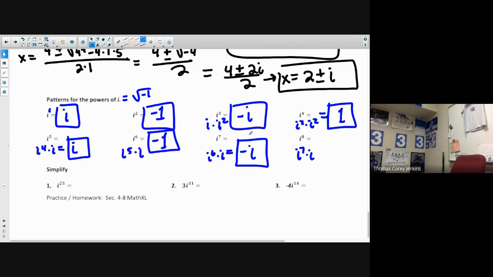So negative i times i would be, sorry, that'd be equal to negative i squared, which would be equal to 1.